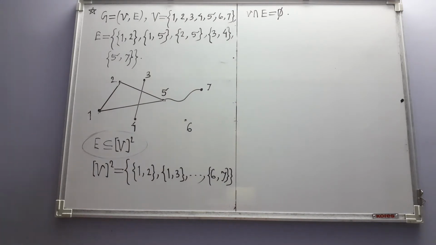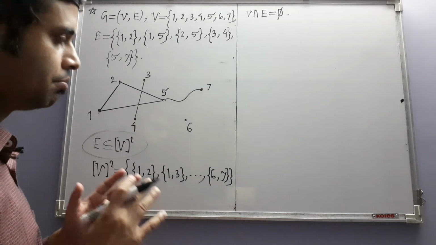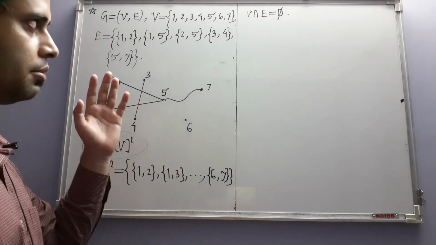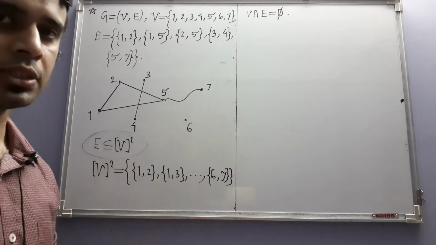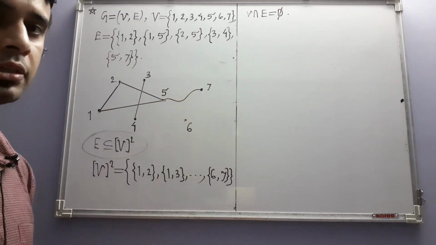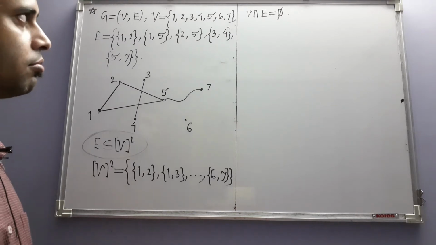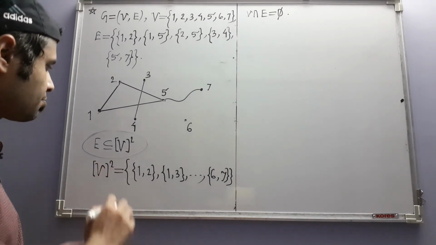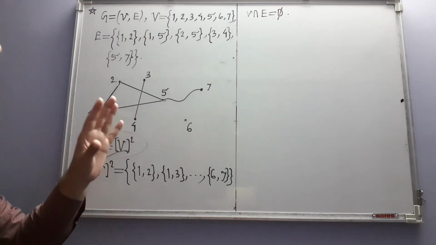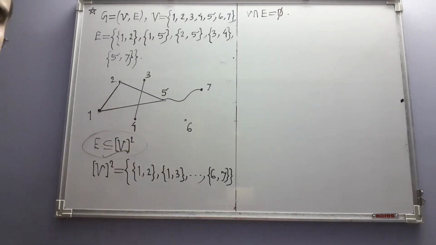Why do we need this restriction? But before that, let us just ask ourselves, can we have a situation where this cannot happen? Can we have two such sets V and E where, in spite of satisfying this relation, V and E turn out to be not disjoint, that is, they have some element in common?